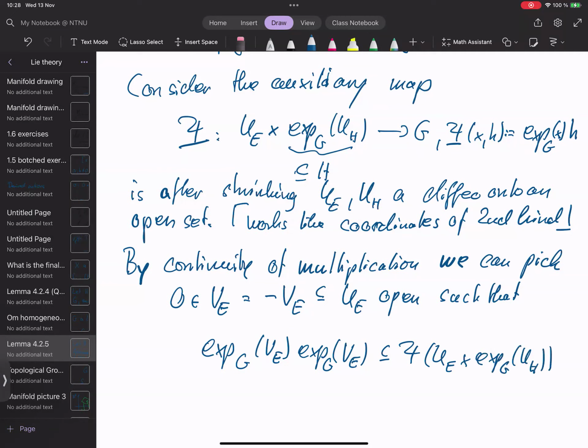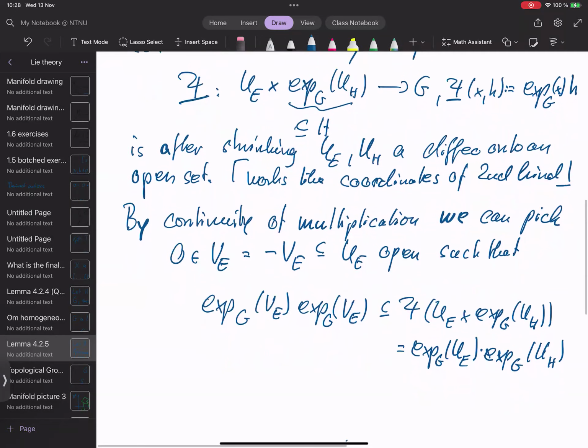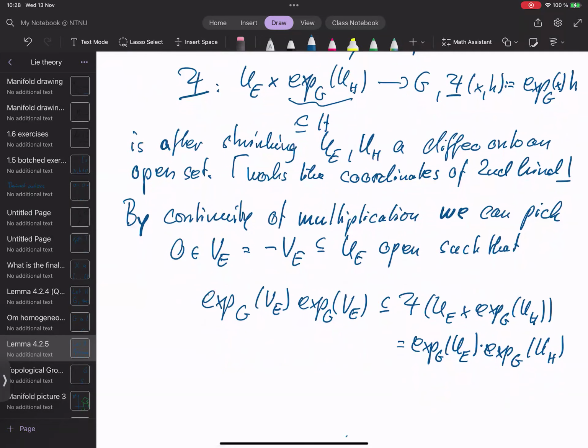psi of UE times exp_G(UH). And I mean, if we want, we can write this differently. We can write this exp_G of UE multiplied with exp_G of UH. Right? So this is the thing on the right-hand side by virtue of psi being a diffeomorphism onto an open subset, and we can basically force these products to be in there by choosing VE to be small enough.